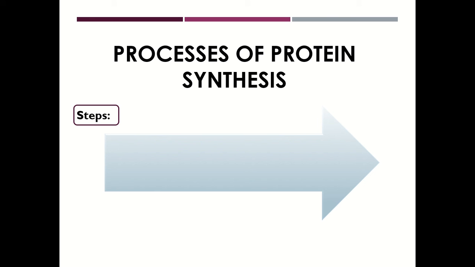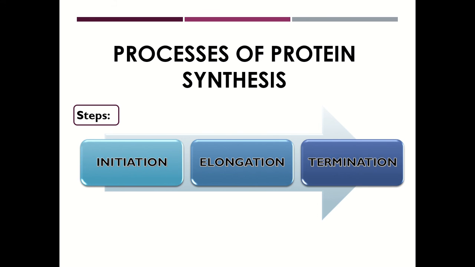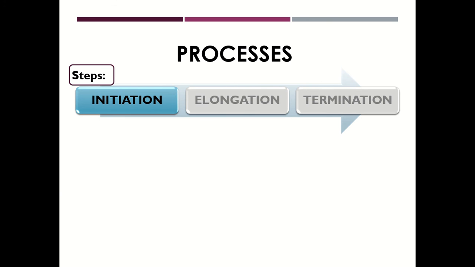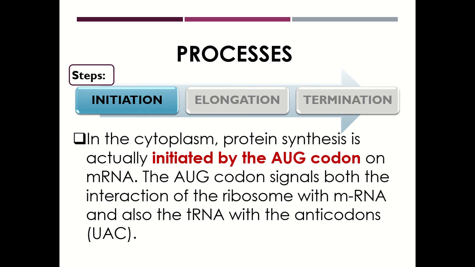So we have the processes of protein synthesis. We have initiation, elongation, and termination. So initiation is initiated by the AUG codon on the mRNA.